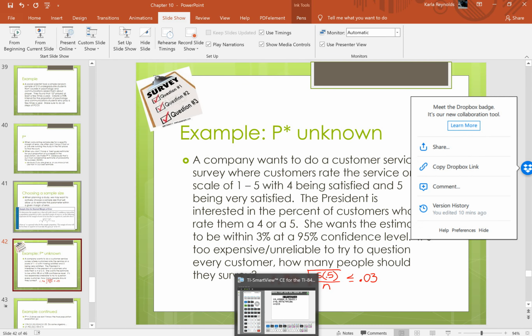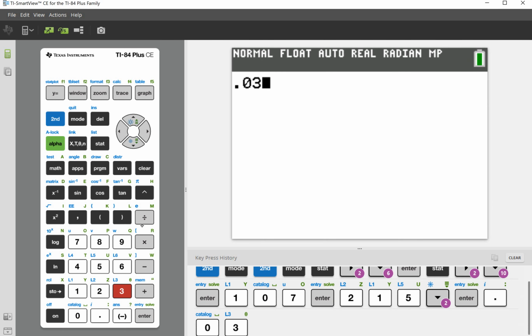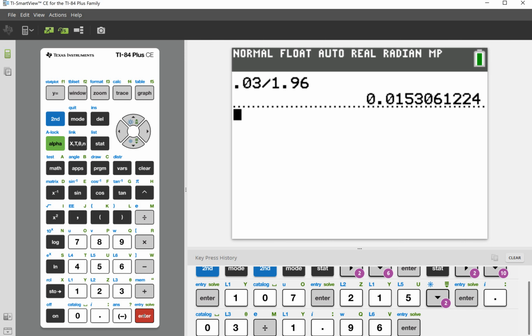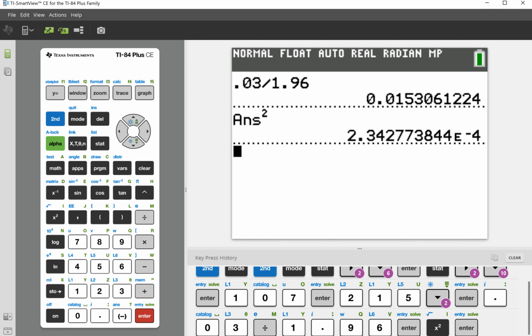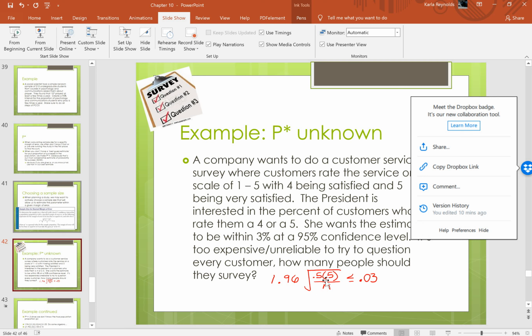All right, so we're going to do, okay, we have to do 0.03 divided by 1.96. I'm going to have to square that. All right, so then I have the square, so now I have 0.5 squared over n on this side.